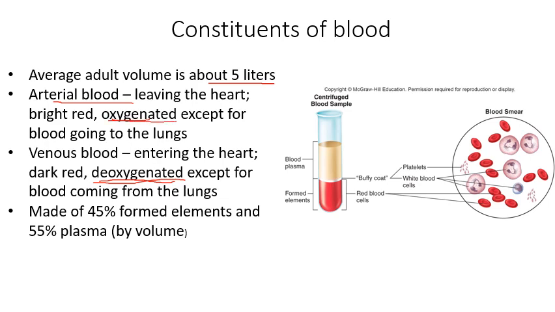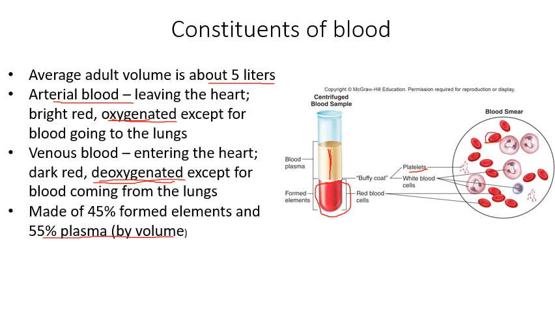Okay, and what makes up the blood? Basically, about 55% is the plasma, the liquid portion of the blood. The other 45% is what we call formed elements. They call them formed elements, not cellular, because not all of the formed elements are cellular, like our platelets and our red blood cells we see here.